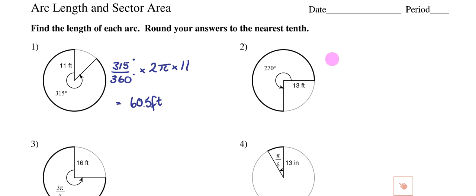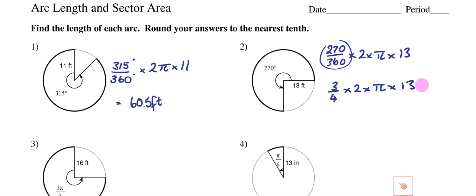This one, same idea. This one would be quite easy though, because we could do it as 270 out of 360, but what is that as a simplified fraction? 3/4, so you could treat it like that. So 270 out of 360 times 2 times pi times 13, or this bit we could simplify to 3/4 times 2 times pi times 13.